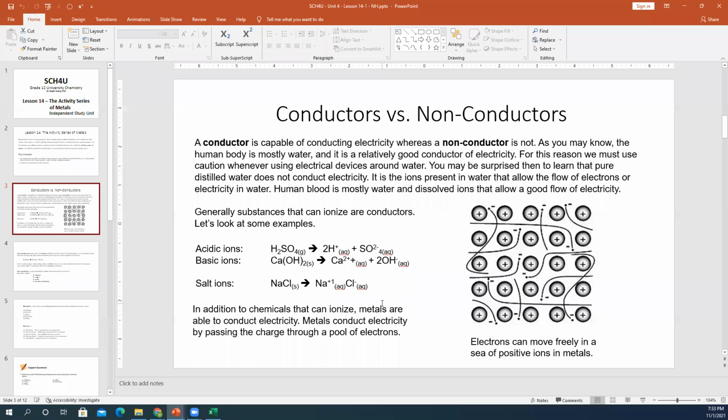And then in addition to these chemicals that can ionize, metals are good conductors of electricity.